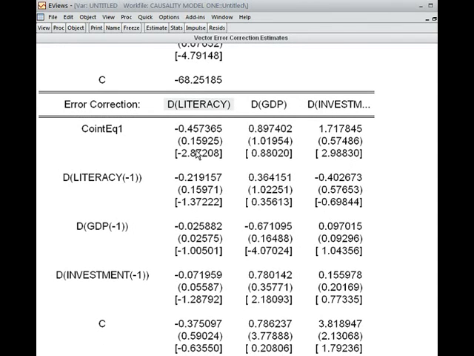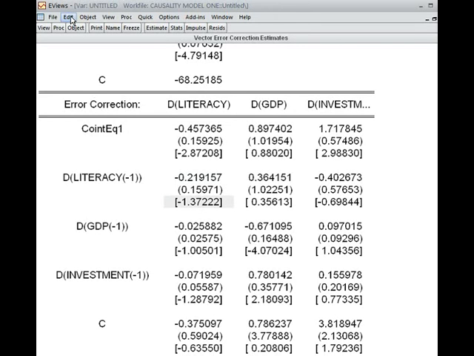This one is the coefficient, this one is the standard error, this one is the t-value, but here is no p-value. Also here it is coefficient, standard error, and t-value. But my target is to know the p-value. So how to know the p-value?